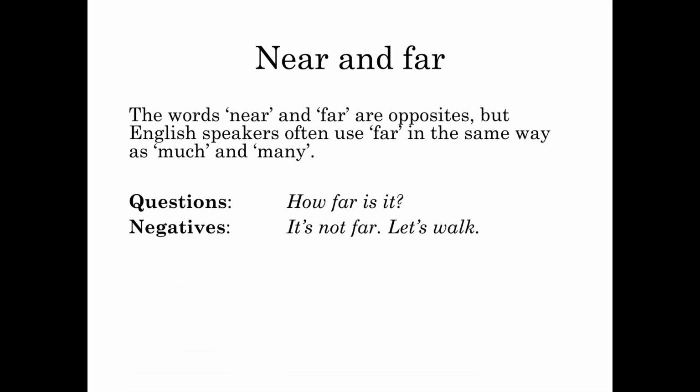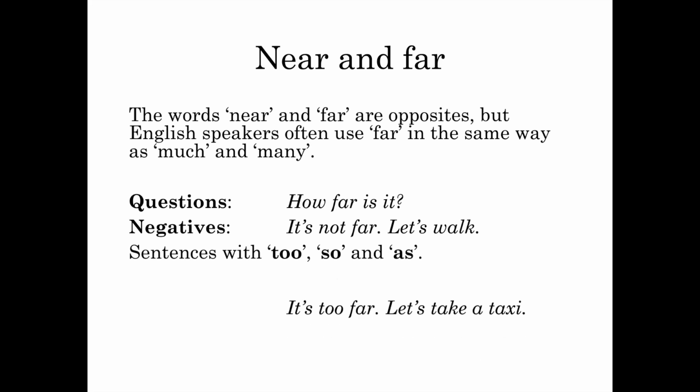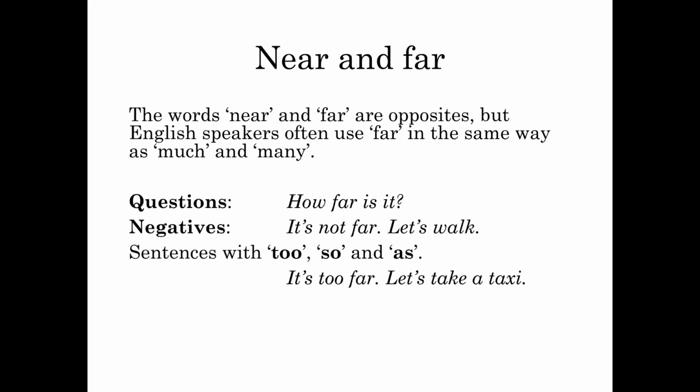For negatives, it's not far, let's walk. Sentences with too or so or as, for example, it's too far, let's take a taxi. So you can notice here the same pattern with much and many. Questions, negatives, sentences with too, so, and as.